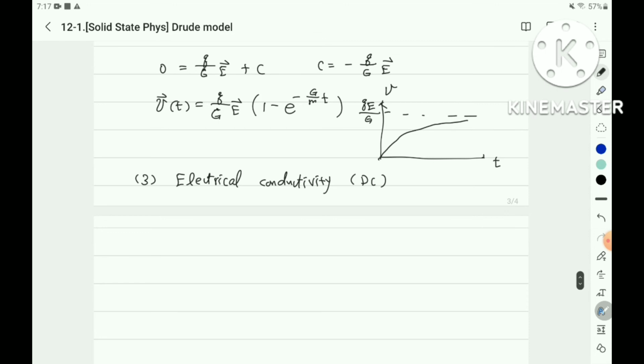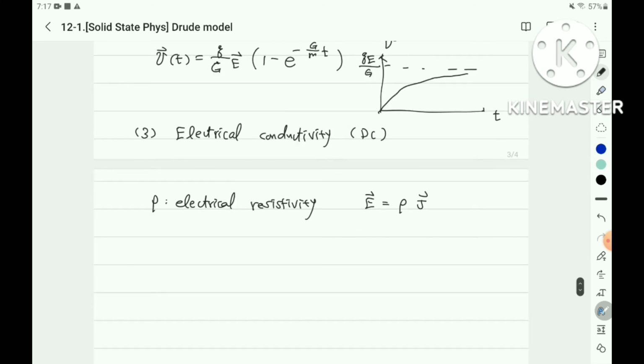And we define the electrical resistivity by E equals rho J. It is the basic Ohm's law.